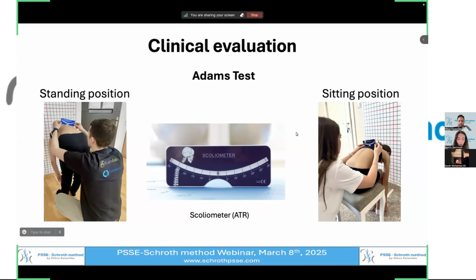Initially, it's important to start with this clinical evaluation, with Adam's test, but we have a lot of tools that we are using for clinical evaluation, like history, questionnaires. We measure the patient height, weight, and then if we suspect that our patient has scoliosis, we have to send him for an X-ray.